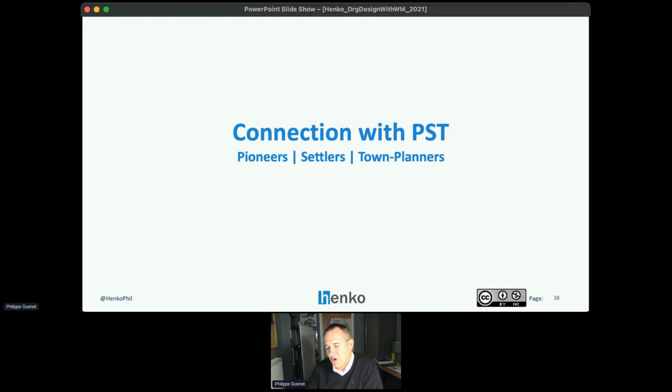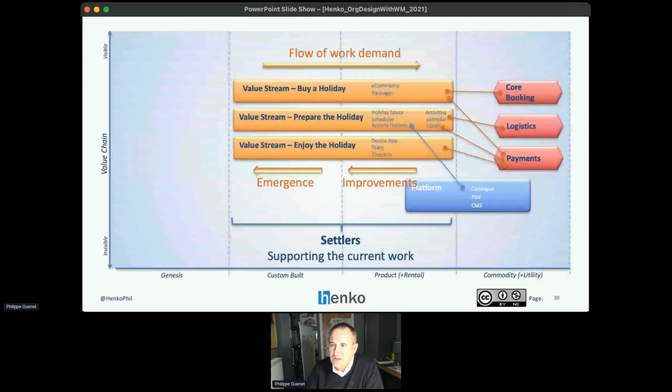And let's progress from those value streams in that view to actually working with PST now, Pioneer Settlers Town Planners, for those that are new to Wardley Maps. If you think about the value streams themselves, they are really very much about the business, the work that the business does.